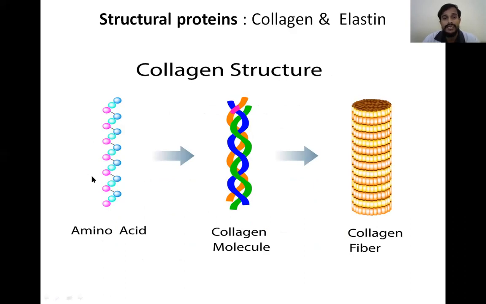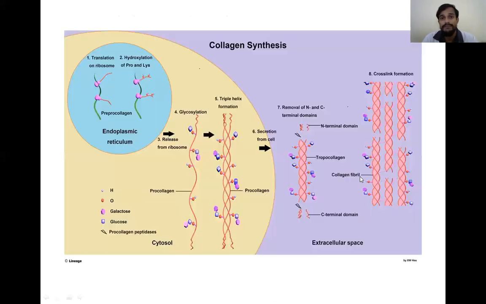So coming to collagen, collagen contains 3 polypeptide chains. So the 3 polypeptide chains coil to form the collagen molecule. We know polypeptide chains are made up of amino acids. There are 3 polypeptide chains which are coiled to form collagen molecule, which finally forms collagen fiber.